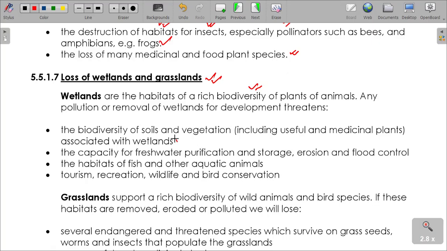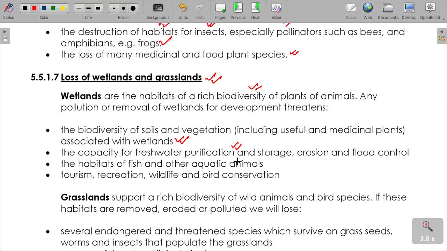associated with wetlands. So when wetlands are destroyed, we are to lose such quite useful functions of vegetation and also the medicine that we are referring to. There is also the capacity of freshwater purification and storage. I'm sure that you know that we have underground water, which we refer to as water tables.